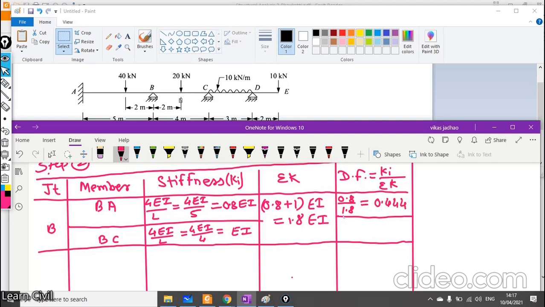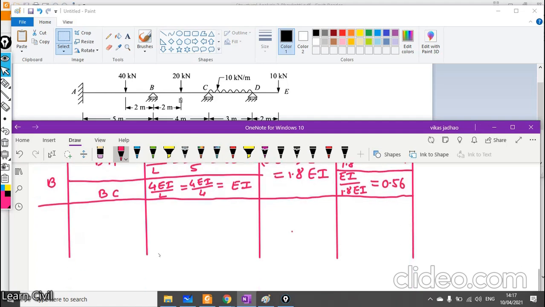Similarly for BC, it will be EI divided by 1.8 EI, so this will be equal to 0.56. This is how the distribution factor for joint B is calculated.